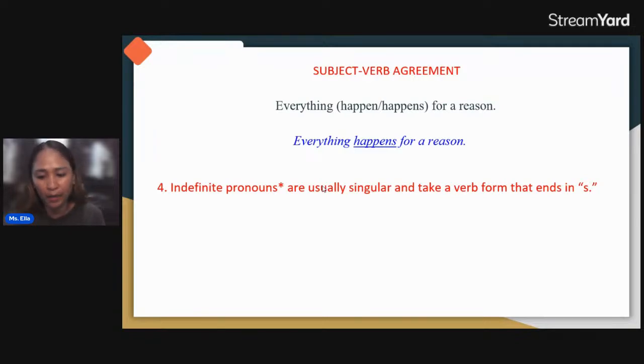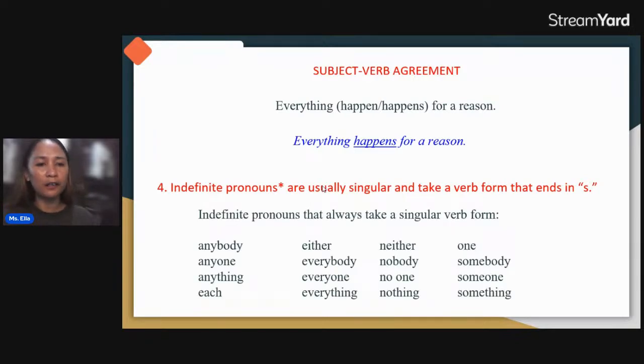So here are some of the indefinite pronouns that always take a singular verb: anybody, anyone, anything, each, either, everybody, everyone, everything, neither, nobody, no one, nothing, one, somebody, someone, something. Okay, so let's continue.